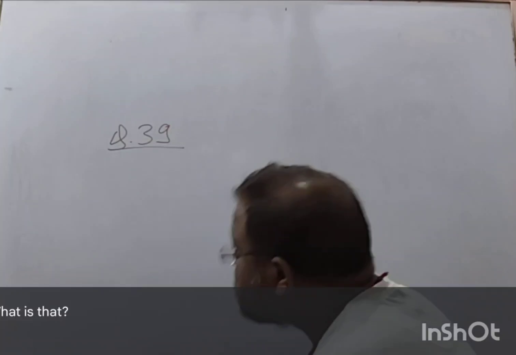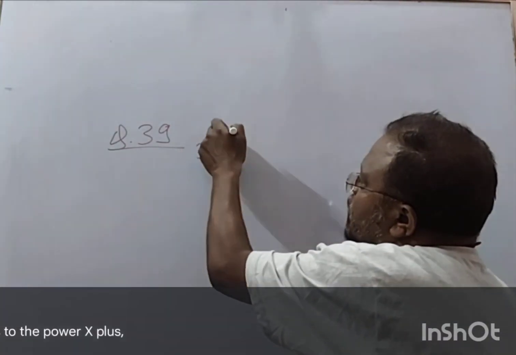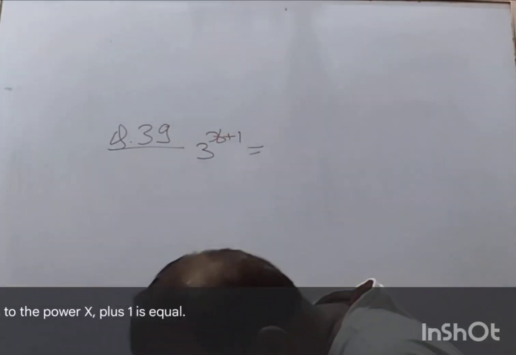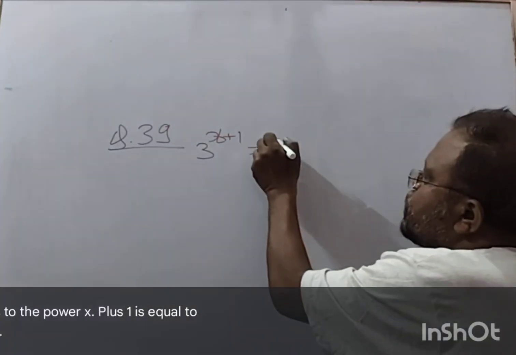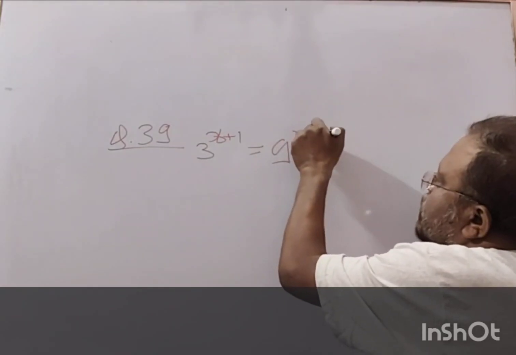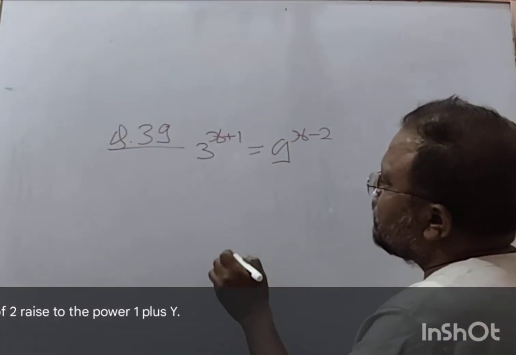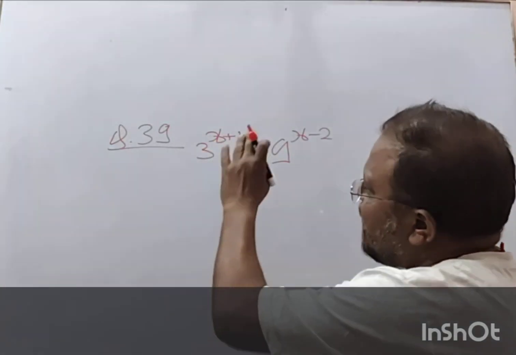So 39: 3 raised to the power x plus 1 is equal to 9 raised to the power x minus 2. Find the value of 2 raised to the power 1 plus x. That we get later.